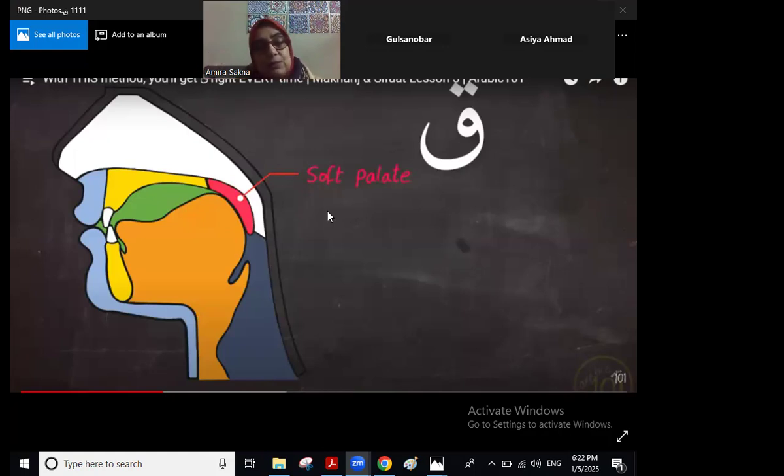With ghain and ha, we tried this to control the epiglottis. With qaf, to feel it also, just lay on your back, and you will feel it much more, inshallah.